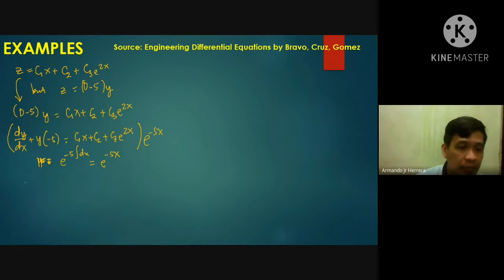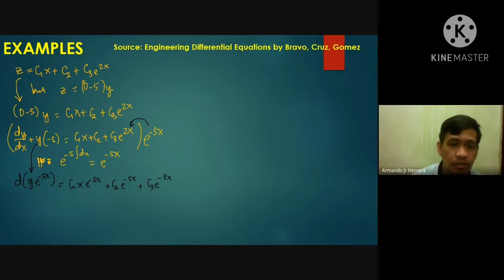Mangyayari, it becomes the derivative of our dependent y and our integrating factor e to the minus 5x, which is equal now to C1x e to the minus 5x plus C2 e to the minus 5x plus C3 e to the minus 3x. So distributing e to the minus 5x gives you this.